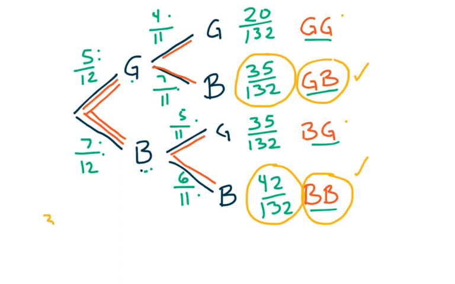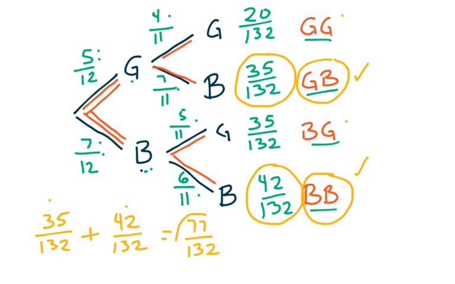So to find the probability that the second ball is blue, I could get that with green followed by blue, or I could get that with blue followed by blue. And I'll go ahead and add those together and have 77 out of 132. The probability that the second ball is blue is 77 out of 132.